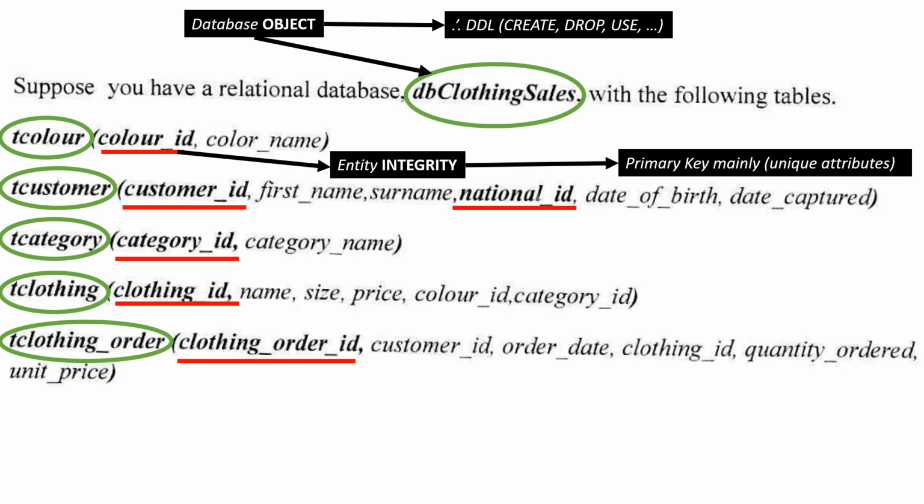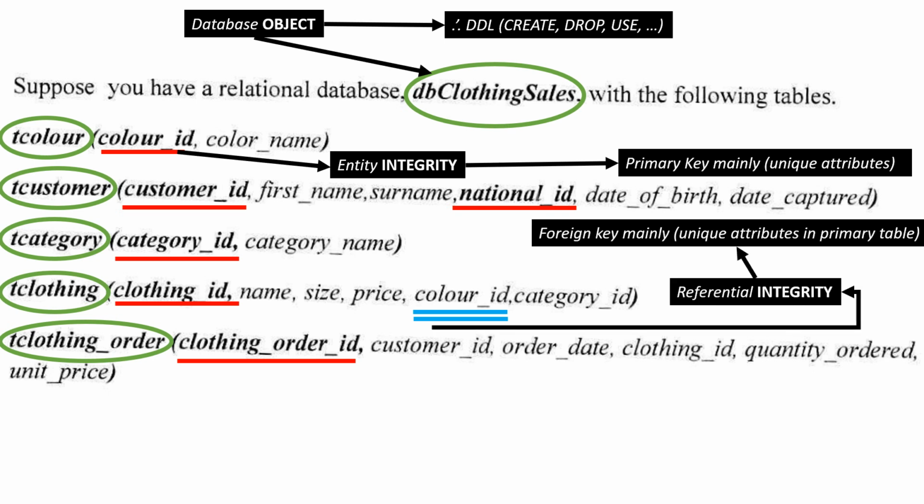So on entity integrity, we've enforced the quality of our data by enforcing entity integrity. Now, you can see that color ID is a column that is used as a primary key in T color. Therefore, this is enforcing referential integrity because this is referencing T color. So referential integrity is mainly enforced by a foreign key.